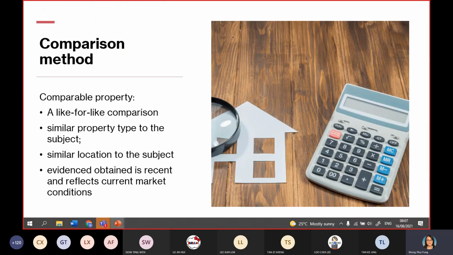Okay. So normally the comparison method is suitable for like-for-like comparison, which means that you compare apple to apple. Say for example, before I talk about the property industry context, if you want to sell your car, now you've got one car, say for example, a Honda Civic, you want to sell that car.